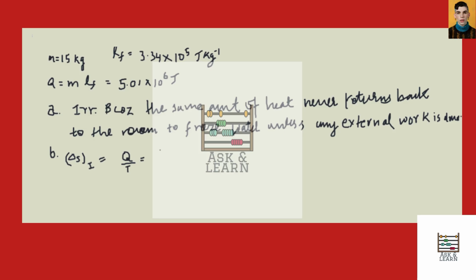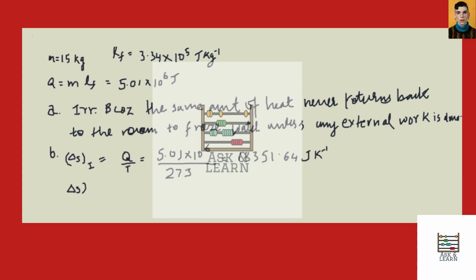So the heat supplied to the ice was 5.01 into 10 to the power 6, and the temperature of the ice was at 0 degrees Celsius. So remember to change that into Kelvin. That will be 273 Kelvin. This will be equal to 18351.64 joules per Kelvin. This is the increase in entropy for ice.